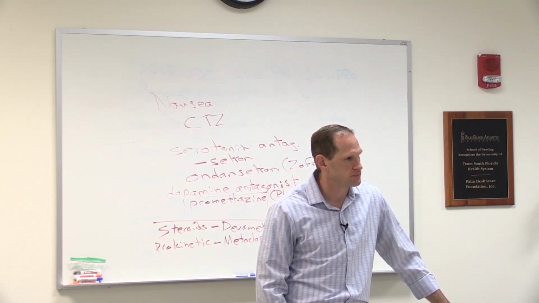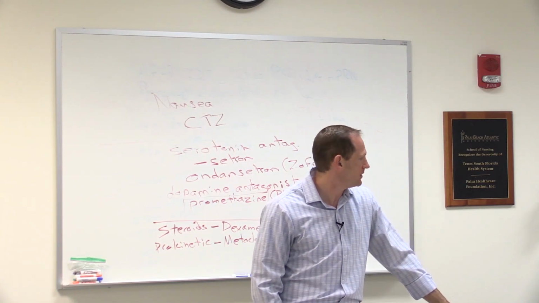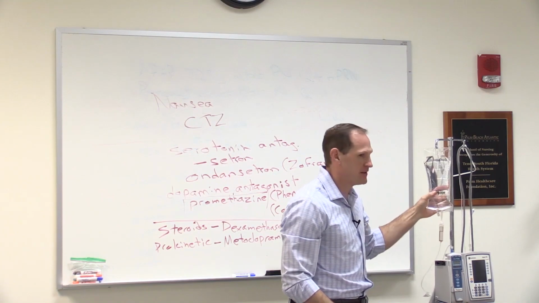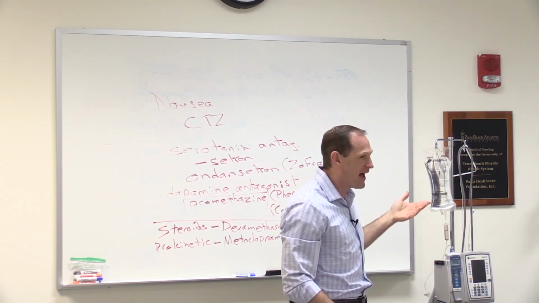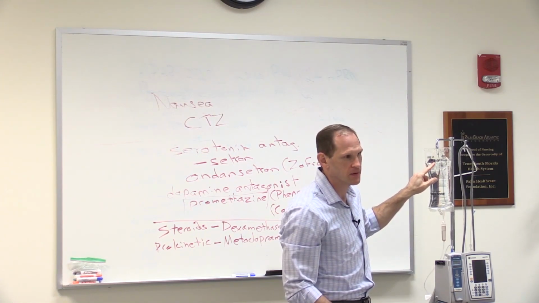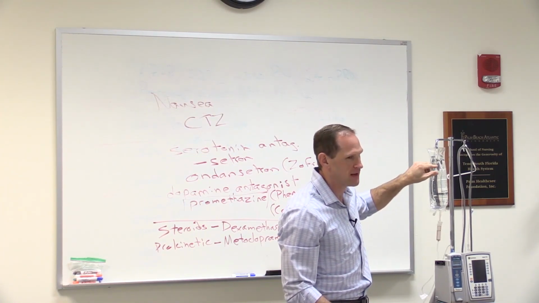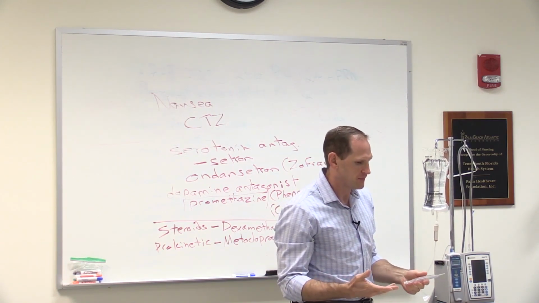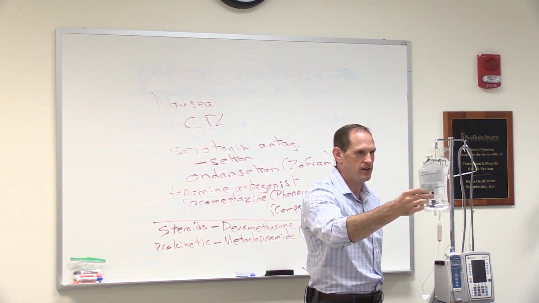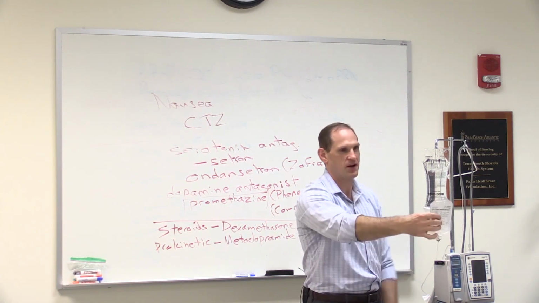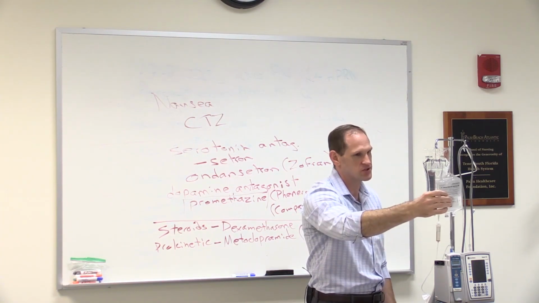What is IV piggyback? Since we're in the lab, this is an IV main set. So it's got a bag of fluids. In this case, what is it? Sodium chloride, 0.9%, also known as normal saline. This little guy is also just sodium chloride.